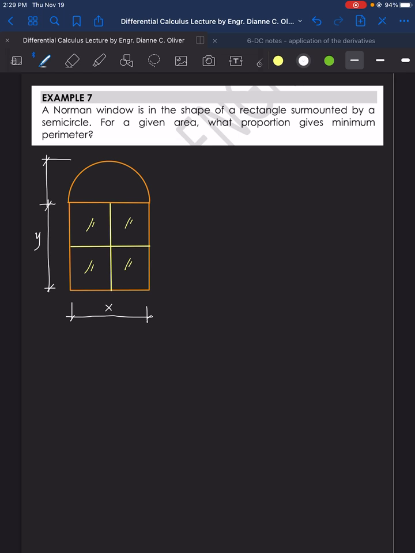Since the line here is the diameter, the radius is 1/2 of x, or x over 2. And of course this is also y.